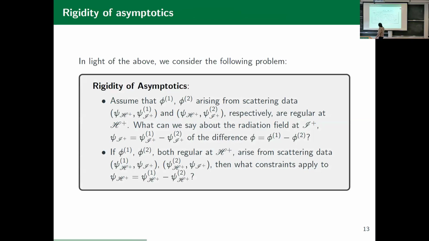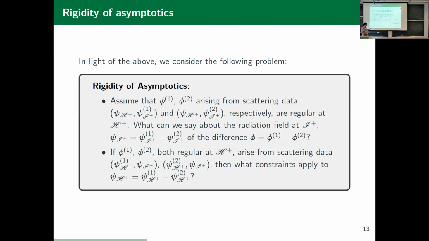So I'm going to formulate this question and give it the name rigidity of asymptotics. Okay, so the idea is this. If we have two solutions, V1 and V2, arising from scattering data, which are identical at the event horizon, what can we say about the radiation field of the difference at Scri plus?